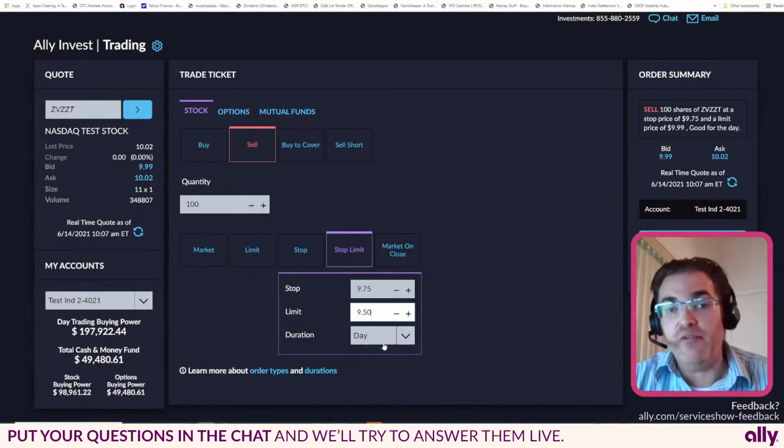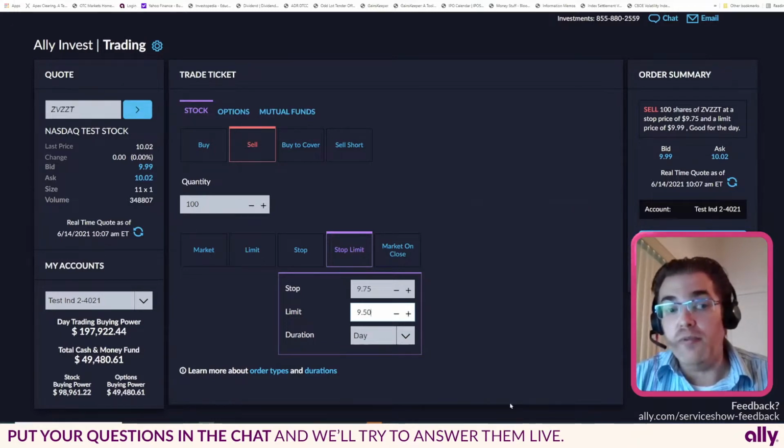And let's say that you have a stop limit, like Sean put up here, from 9.75 with the limit at 9.50. And let's say that the stock opens up at 9.60. So then what would happen is that stop would be triggered at 9.75. And you're basically saying at that, once I'm triggered on that particular stop, I want to try to sell it for at least 9.50. So in that particular situation, then it's still above 9.50. So you have a nice likelihood of still getting filled on that particular order.